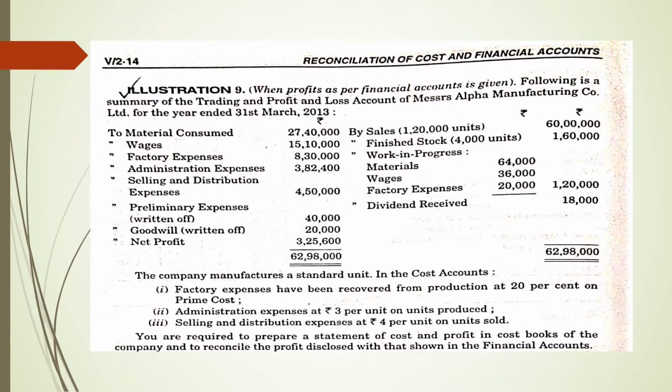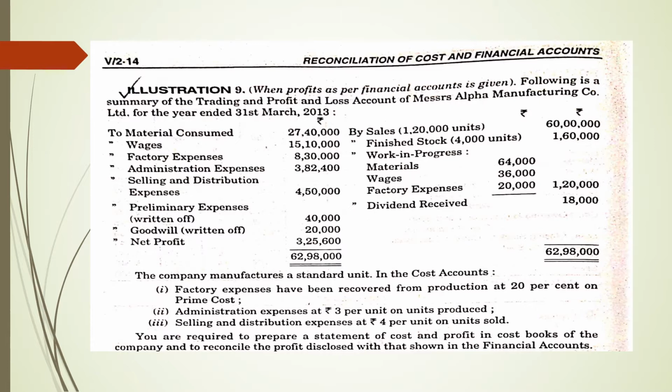Following is the summary of the trading P&L account of Messrs Alpha Manufacturing Company. Details given are material consumption, wages, direct and indirect expenses, and other losses. Then the other side: sales of 1,20,000 units, finished stock of 4,000 units, work in progress, and the dividend received.